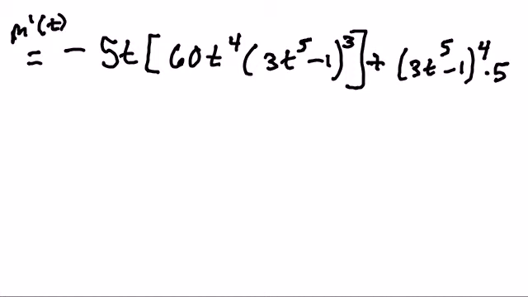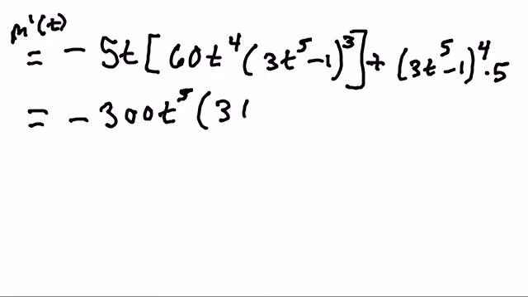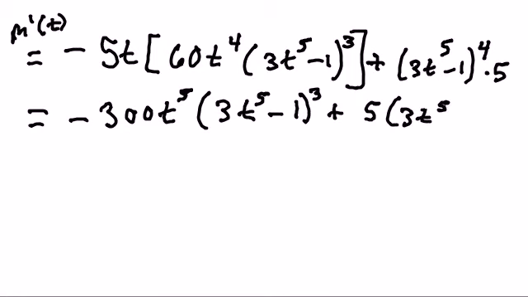Now we just need to clean this up just a little bit. So I have equals negative 5t times 60t to the fourth is negative 300t to the fifth times 3t to the fifth minus 1 cubed plus negative 5 times 3t to the fifth minus 1 to the fourth power.